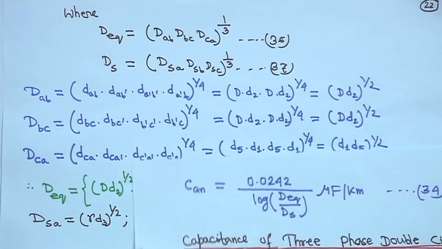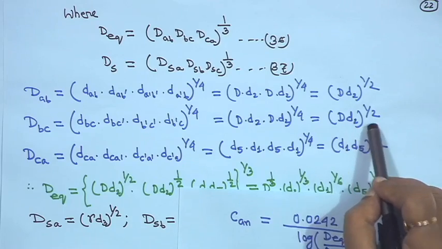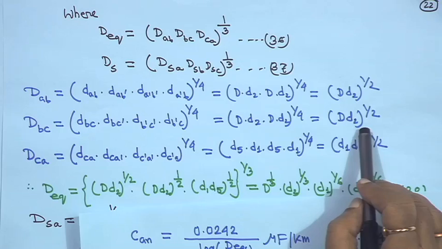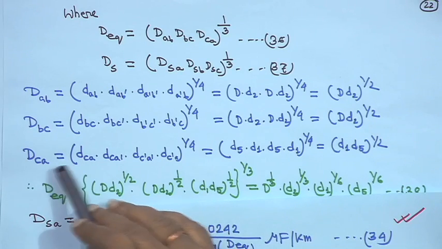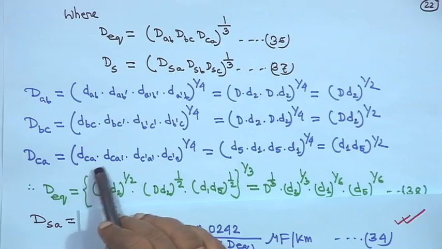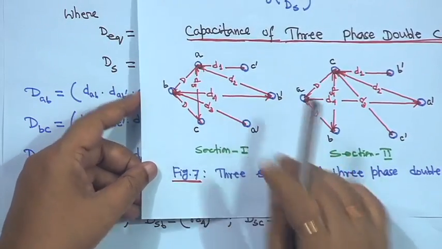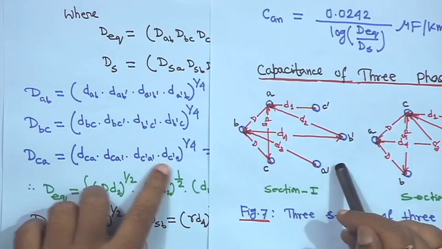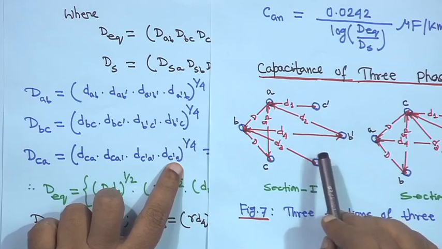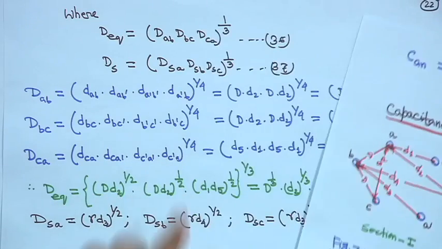Similarly, you calculate DBC, which also will become D times D2 to the power half, from the symmetry. For CA, take all the 4 combinations: DCA dash, DC dash A dash and DC dash A, from transposition cycle 1 only, from this figure, to the power 1 by 4.